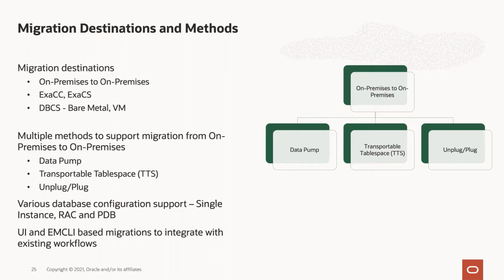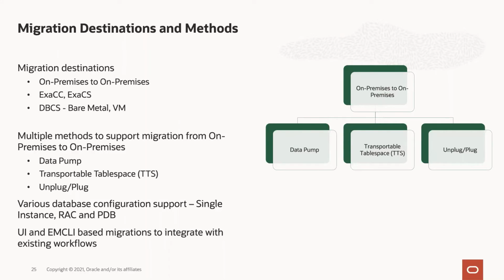So there are three different methods to migrate a non-CDB to a PDB in on-premises to on-premises. Those are Data Pump, transportable tablespace, and unplug and plug. So just as an example, let's look at a couple of these.